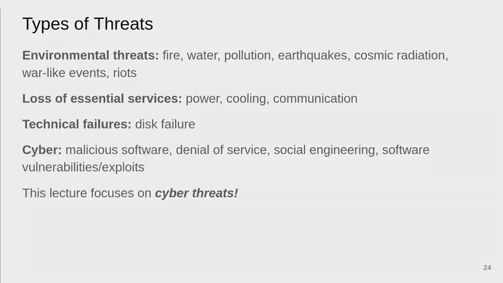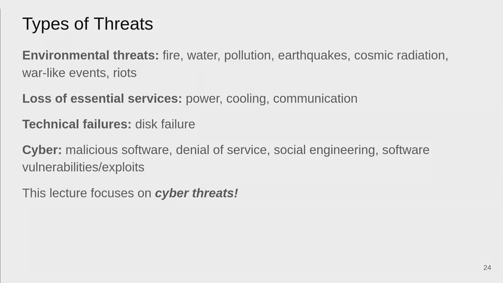There's a bunch of different types of threats, if you think about them in a more general way. There's environmental threats. If you're running a company, if you're running a software system, right? There's environmental threats against your server center. It could be fire, it could be water, it could be pollution, it could be earthquakes, cosmic radiation that you may want to protect against, which may not be that much of an issue here, but for example, if you work in satellites, that becomes interesting.